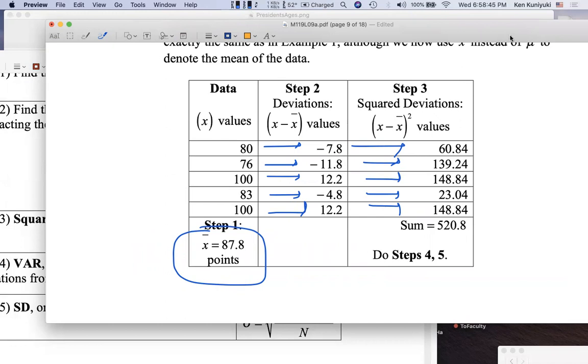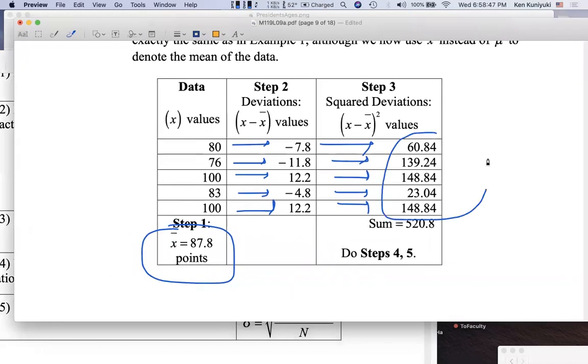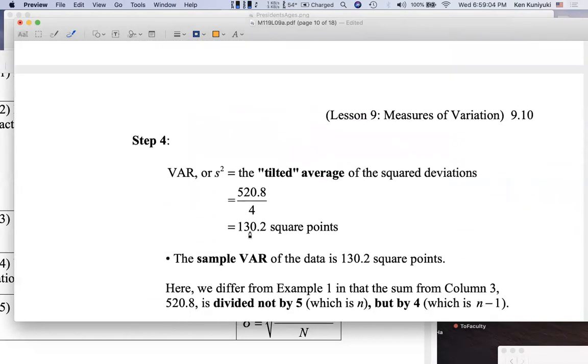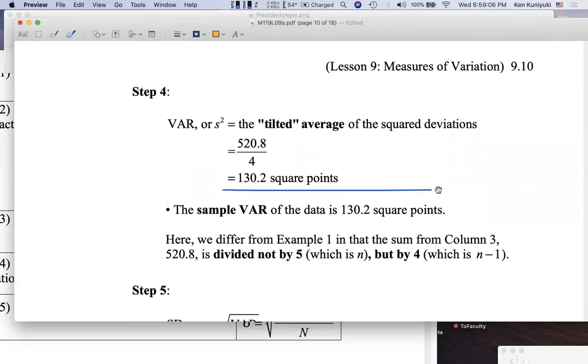Now, to get the sample variance, what do we do with these square deviations? We take a tilted or inflated average. We add these up and we divide by, not by 5. To get the sample variance, we don't divide by 5, we divide by 4, n minus 1. The sample size minus 1. And we get 130.2 square points.